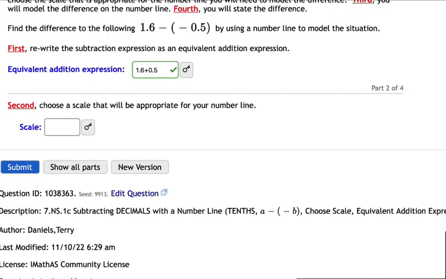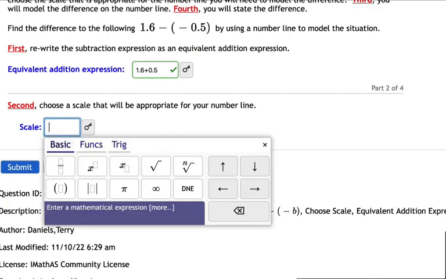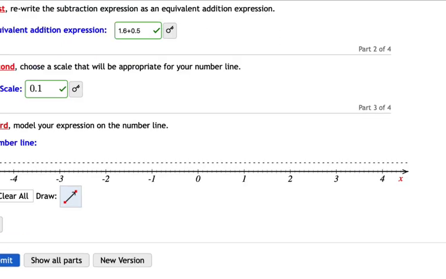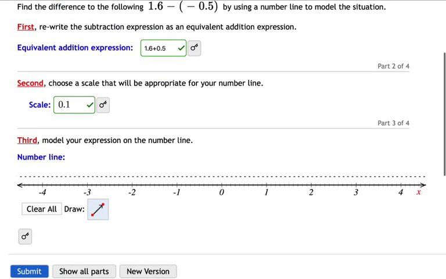So there is the addition expression we are using. 1.6 plus 0.5. Those are both in tenths. So our scale would be in tenths, or 0.1. And we always start our number line at 0, go out to the first number, which is 1.6. There's 1, 1.1, 1.2, 1.3, 1.4, 1.5, 1.6. We start the second part of the number line where the first one ended.